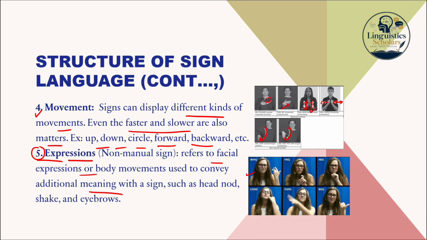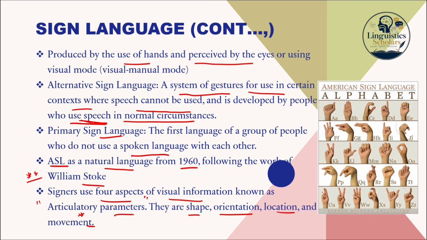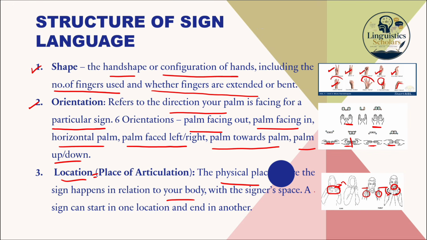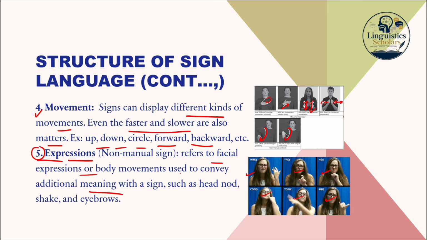As you can see, there are 6 different kinds of expressions along with the sign language. So the 4 most important articulatory parameters are shape, orientation, location, and movement. These are very important, and the expressions, which are non-manual and not part of the structure of sign language, are mostly effective with sign language. Some include it as part of sign language and others do not.